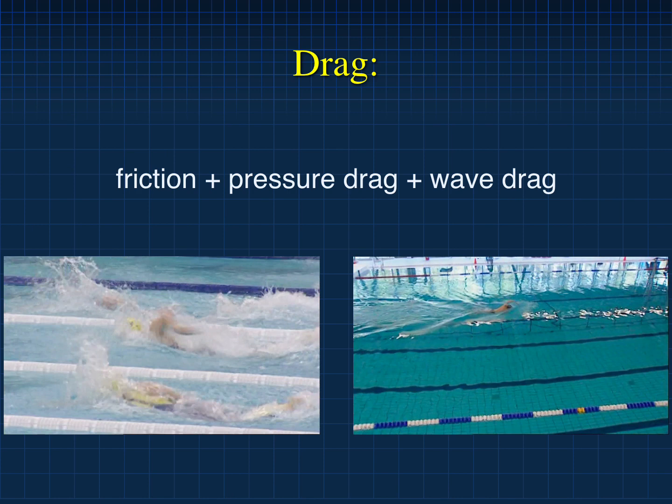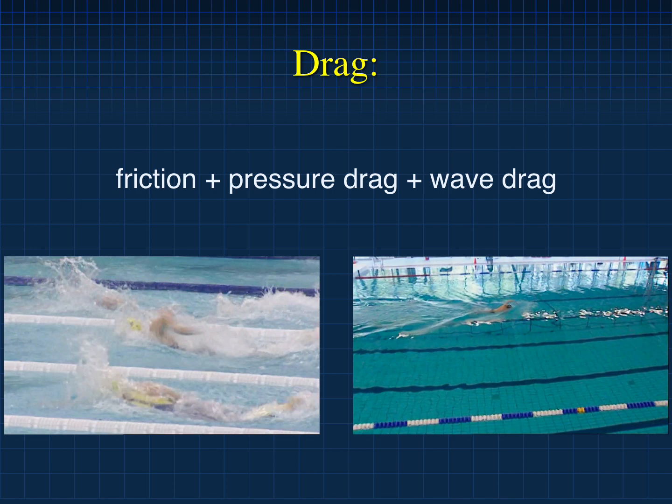And here you see some swimmers swim. What is immediately obvious is that if we swim on the surface, we create waves. But there is also pressure drag and friction. So total drag of a swimmer swimming at the surface has three components: friction, pressure drag, and wave drag.